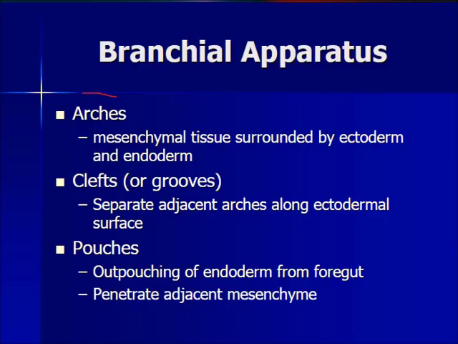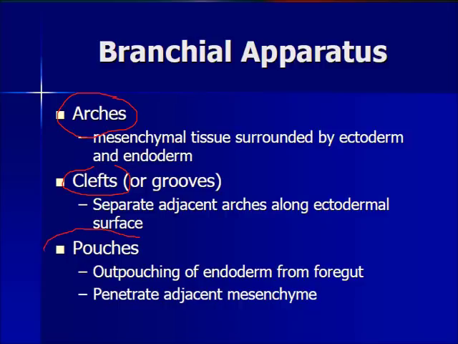These pharyngeal arches are composed of mesenchymal tissue surrounded by ectoderm and endoderm. Between each arch and the one next to it, laterally, we call it a groove or a cleft, and it separates the adjacent arches along the ectodermal surface from the lateral side.